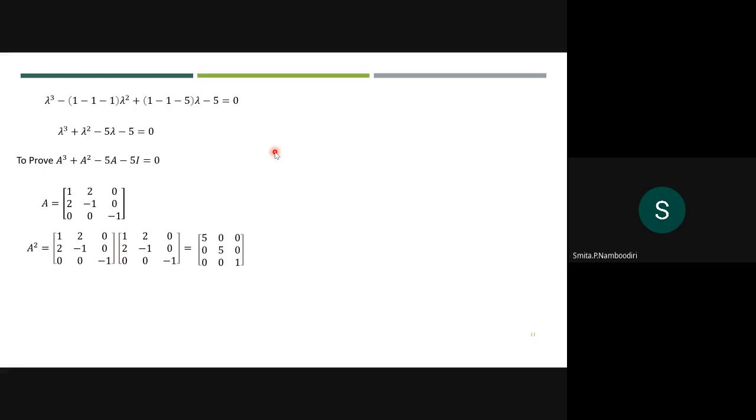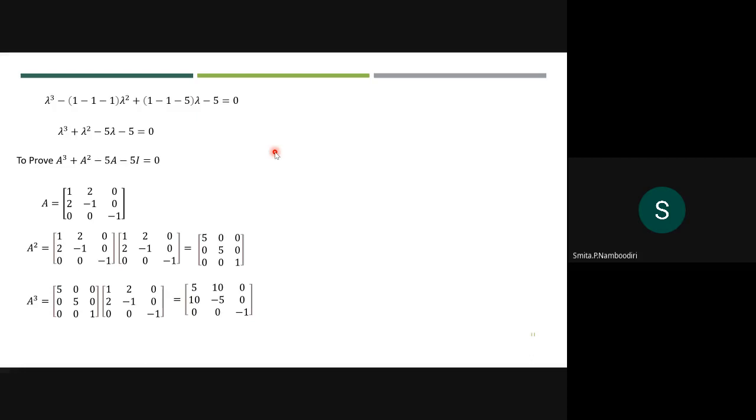I've got this answer, please check the answer. Is it correct? Okay. Similarly, we have to find A cube, A square into A or A into A square. I got this, please check again. Please complete this because it's already 11 o'clock, you have to go for the next lecture.